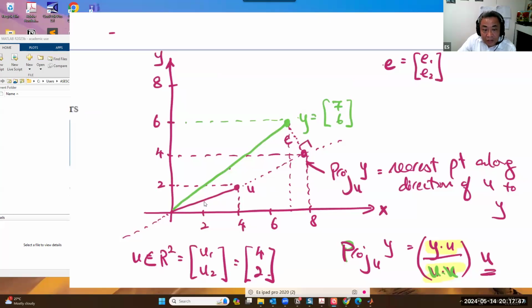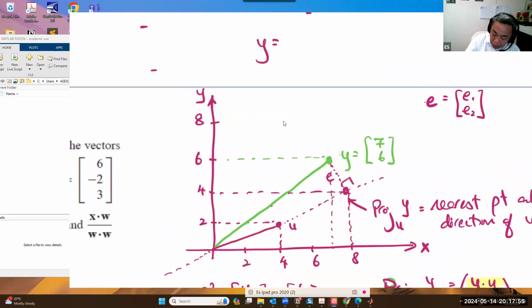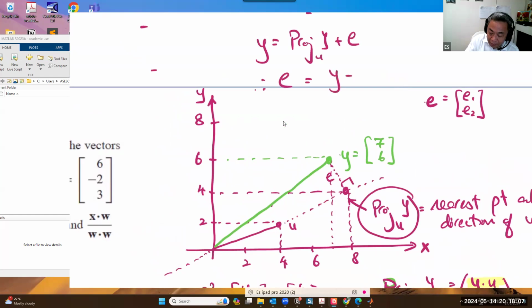So it's this vector plus this vector equals y. So therefore y is equal to who? The projection of y onto u, plus e. Therefore, e is equal to y minus the projection of y onto u.